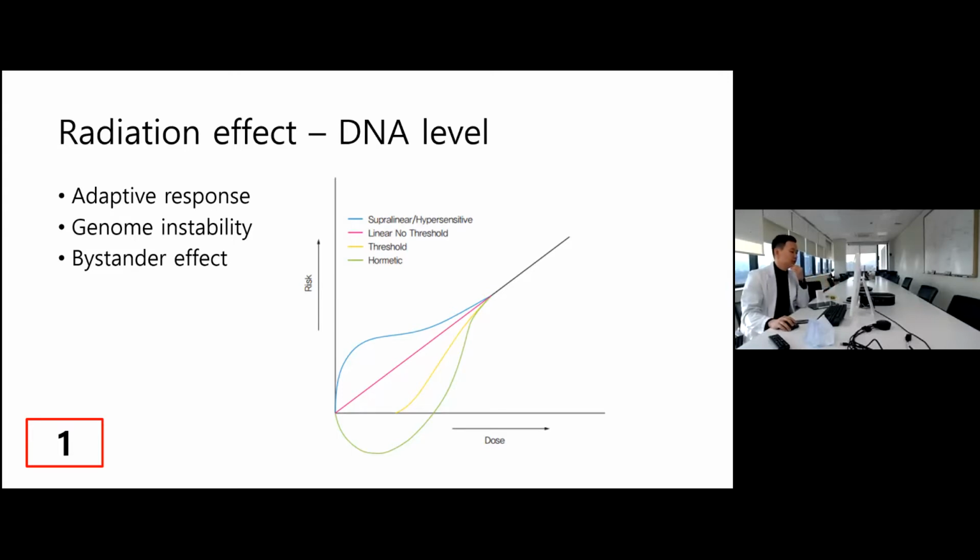So genomic instability might refer to this kind of supralinear graph, and the adaptive response can refer to a graph similar to the hormesis graph. However, for the bystander effect, we don't know, but it can be both, like the supralinear and also hormetic graphs.